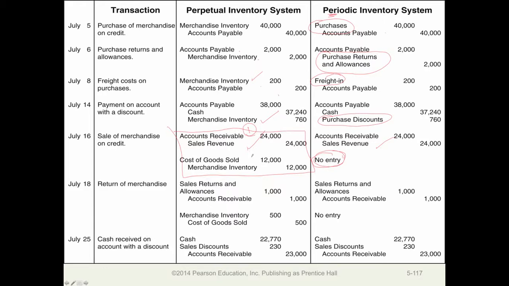One to record the sale itself, and second to record the cost of goods sold and the reduction of inventory. When you have a periodic system, there is only one entry to record the sale. No COGS at this point. No COGS until the end of the period.